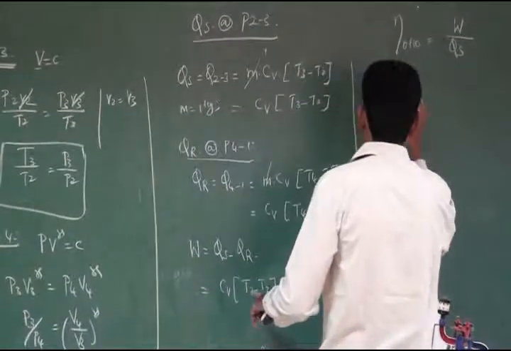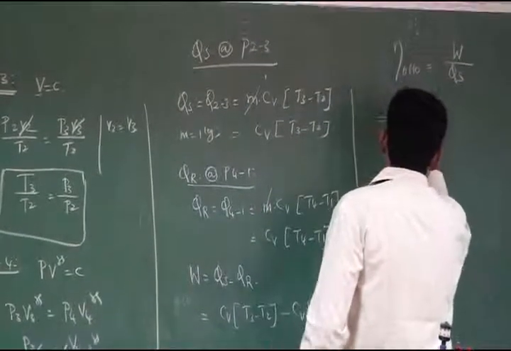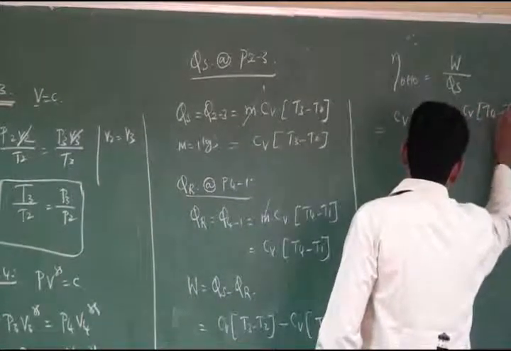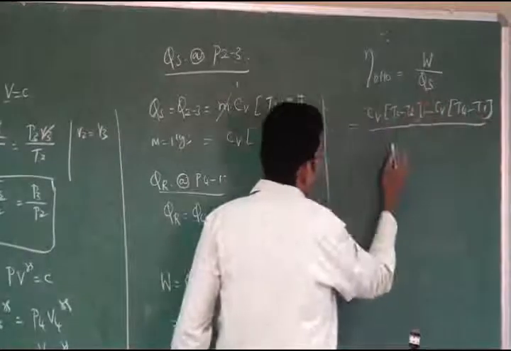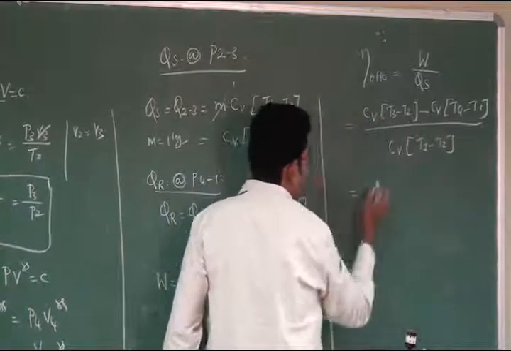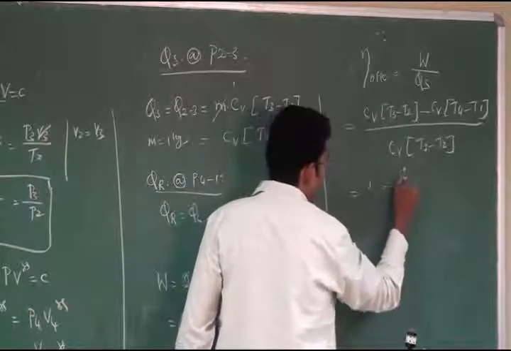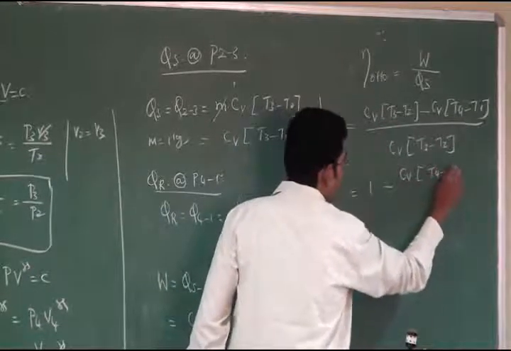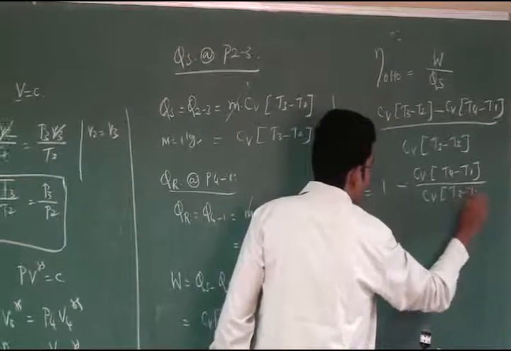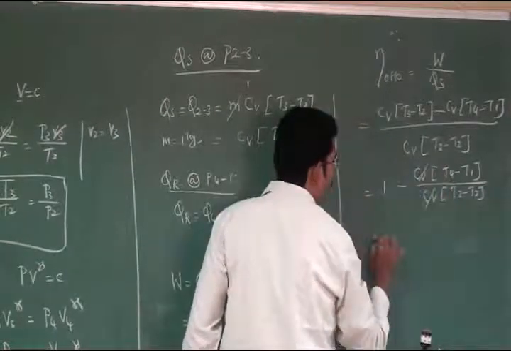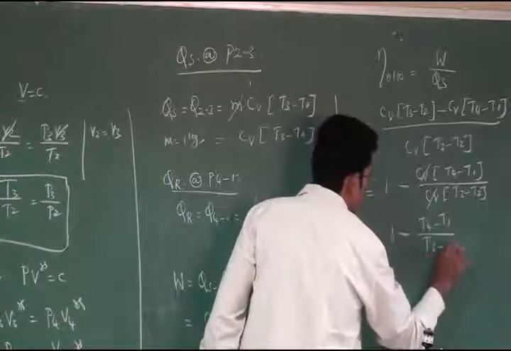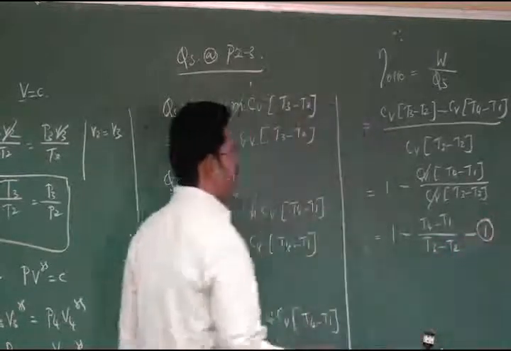The work done we obtained here is Cv into T3 minus T2 minus Cv into T4 minus T1, divided by heat supplied, which is Cv into T3 minus T2. Now by cancelling, we can write 1 minus Cv into T4 minus T1 divided by Cv into T3 minus T2. Again cancelling Cv, 1 minus T4 minus T1 divided by T3 minus T2. This we take as equation number 1.